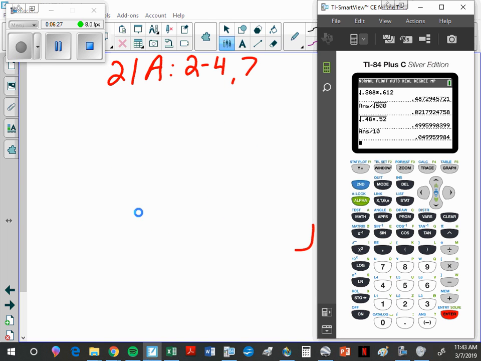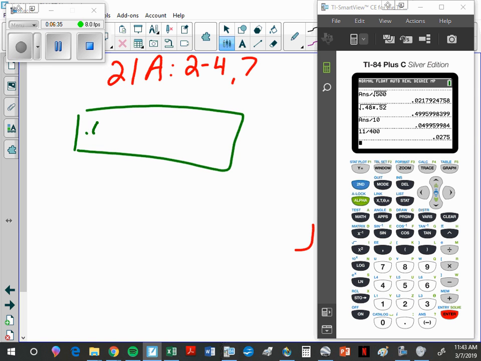So 11 divided by 400 is 2.75%. So in the box, I put 0.0275 and subtract that from 1, and I get 0.9725.